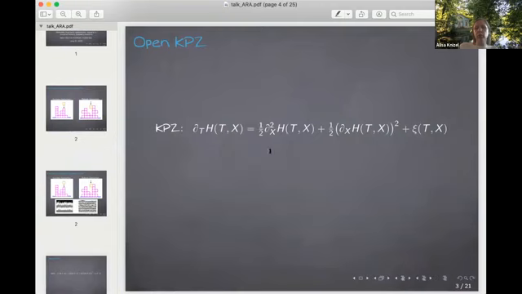On the right, we see the sum of the three mechanisms of growth of this interface which we discussed.